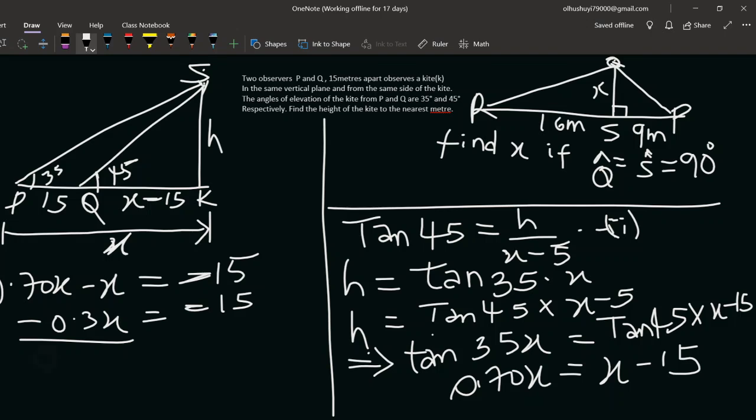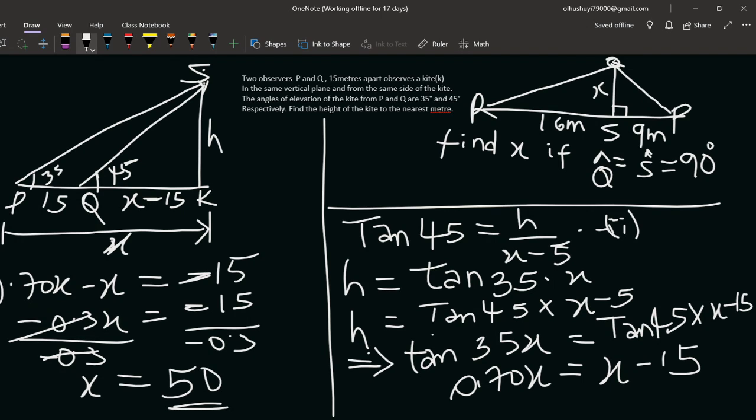Divide both sides by minus 0.3. So this cancels this. So x can be equal to 15 divided by 0.3. That is 50. x is equal to 50.